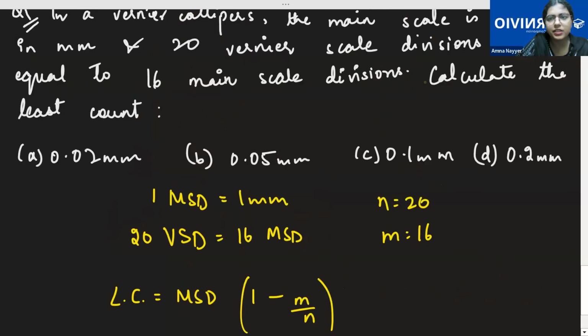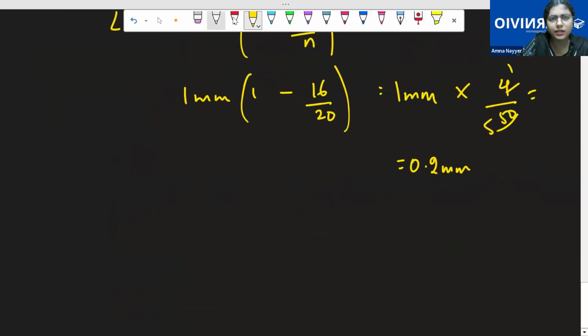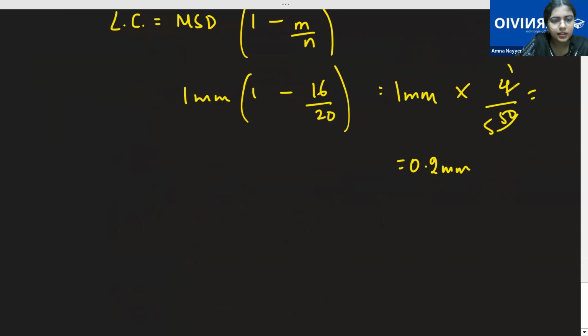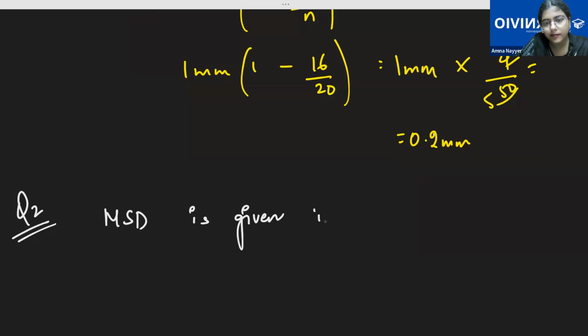This is a previous year question only. So 0.2 millimeter. Similarly, Maha, there was a question, I'll just tell you, I'll not write the full question. That came a long time back. It was said that the MSD is given in some A units.